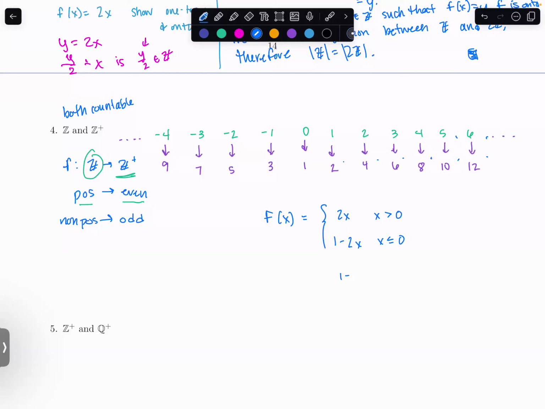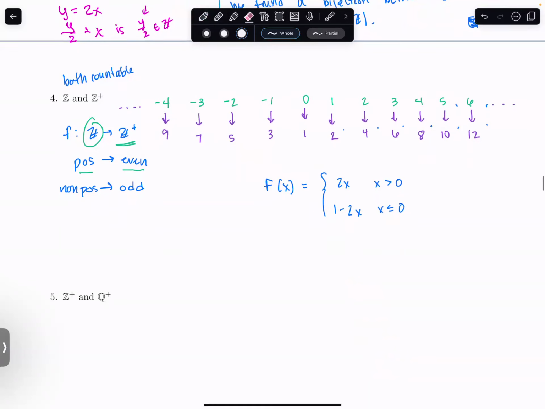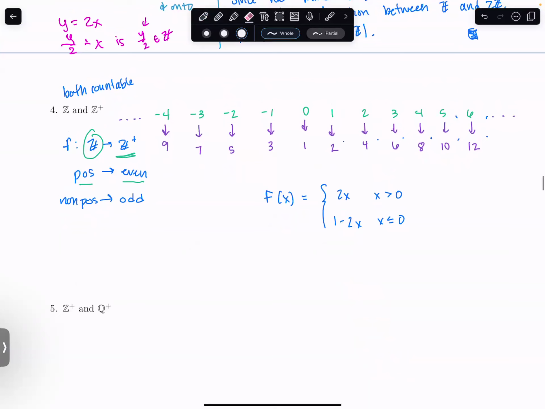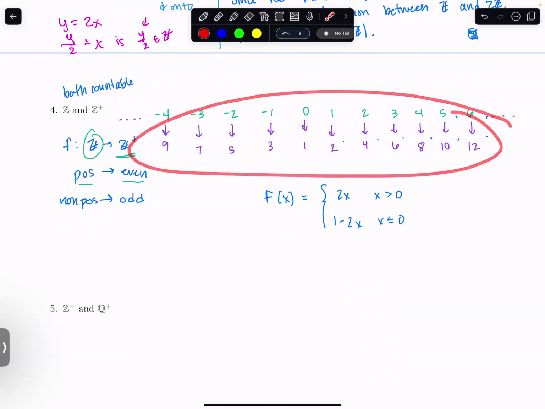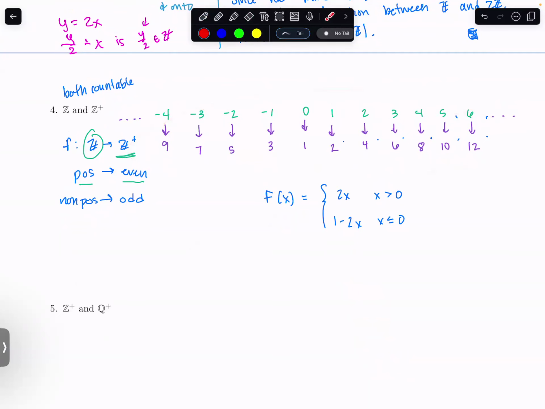If we do 1 minus 2 times 0, we get 1. 1 minus 2 times negative 1 is 1 plus 2, which is 3. 1 minus 2 times negative 2 is 1 plus 4, which is 5. So that works. This is the function here, and you could prove that this is 1-to-1 and onto. We're not going to right now, but you can look at this and see that there's one arrow to everything and one arrow from everything.